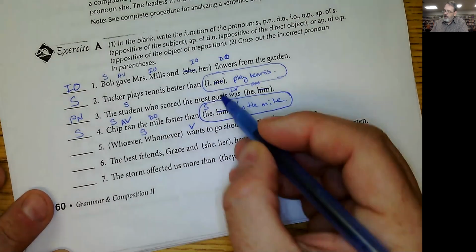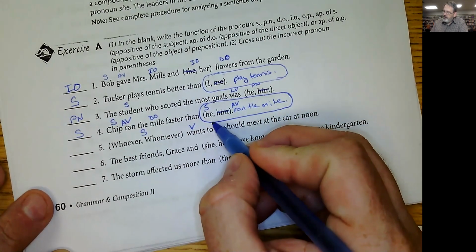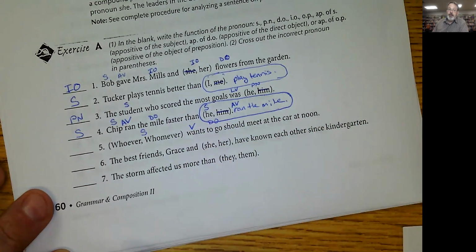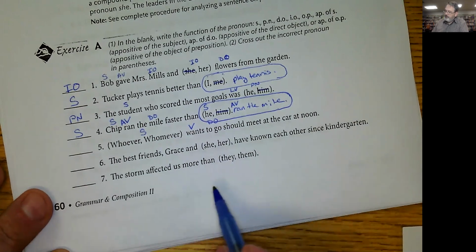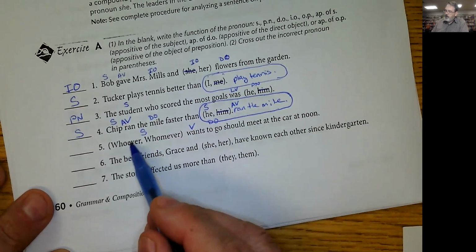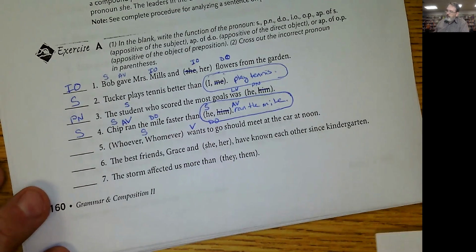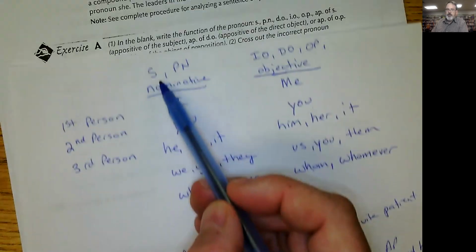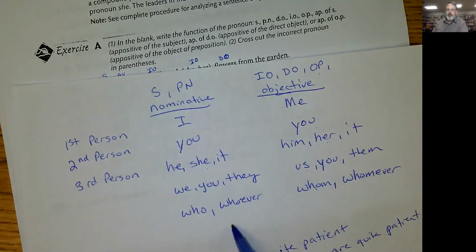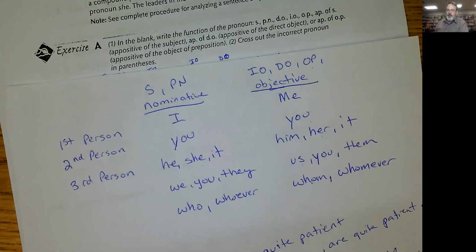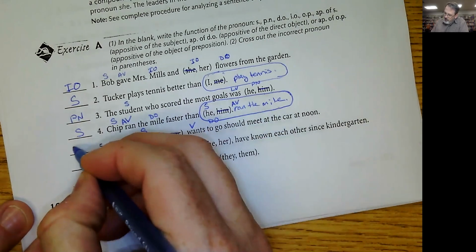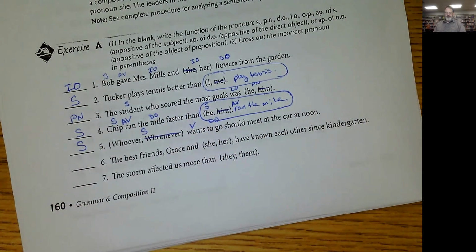And actually, that infinitive is the direct object. So that's an infinitive being used as a noun. Anyway, since whoever or whomever is the subject, we have to find the one that is nominative case. Okay, so who and whoever is nominative case. So we need to cross out whomever and write subject.